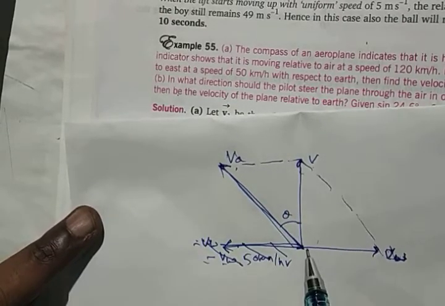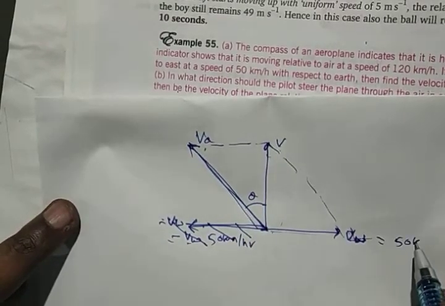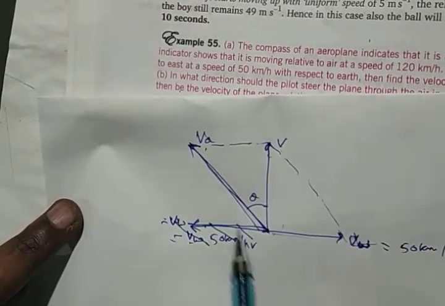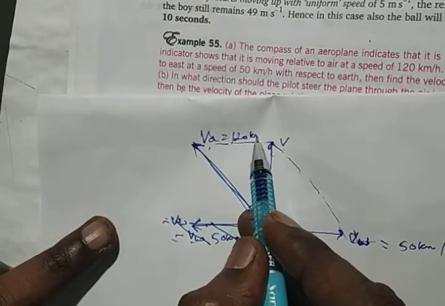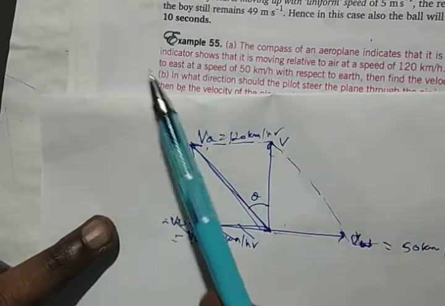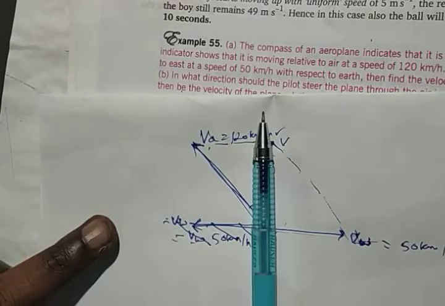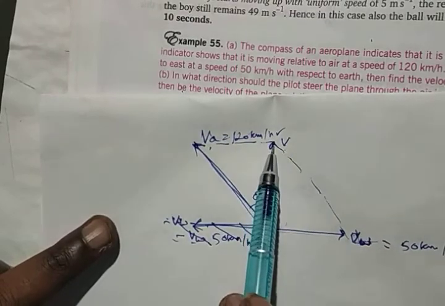VW is the velocity of the wind, which is 50 kilometers per hour, and VA is the velocity of the aeroplane, which is already given as 120 kilometers per hour. So when he steers in this direction, automatically this will be the resultant. The resultant goes here, and he is then heading towards the northern direction.